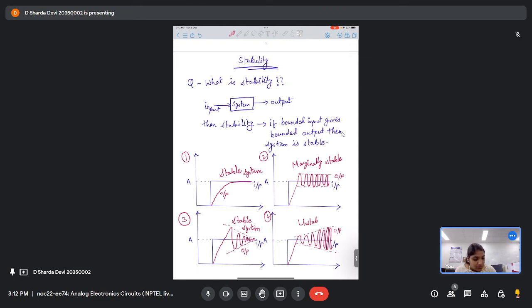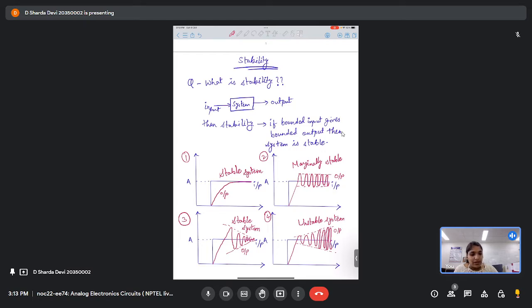So, this is an unstable system. From these characteristics, we can observe that when you are able to attain a constant or stable output, we call it a stable system. And when you are unable to get a constant value or a stable output, that system is known as unstable system. So this is the basic idea of stability.